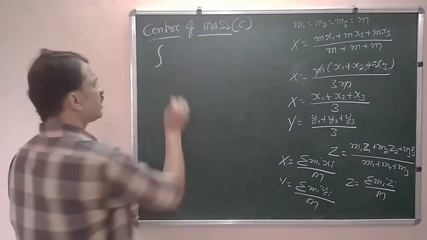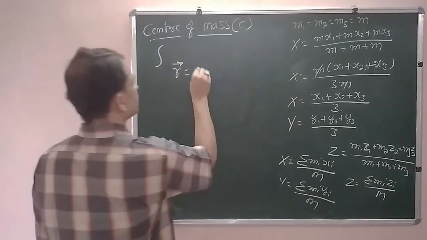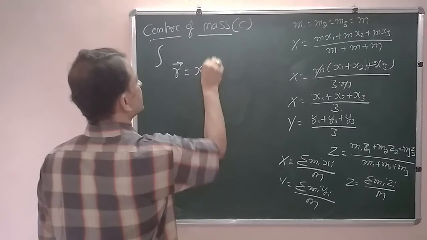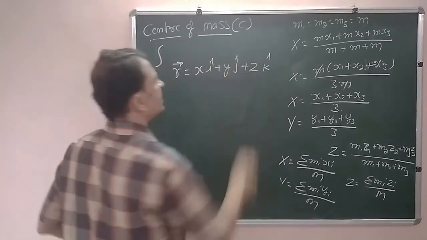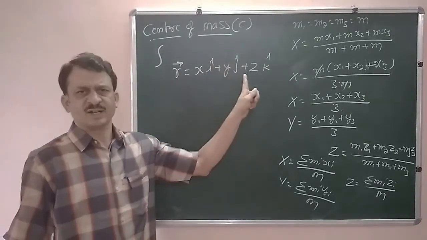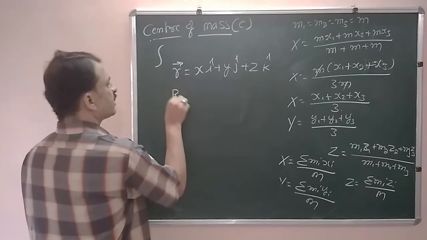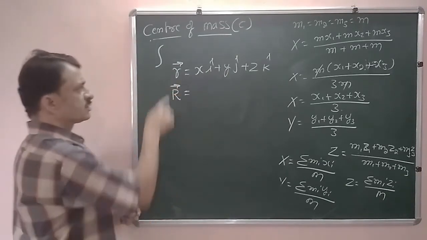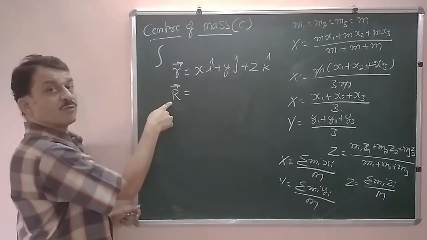Also, in a three-coordinate system, if you have a position vector r, it is given by x i cap, y j cap, and z k cap. Now this is the position vector of a particle, and this is the position vector of the center of mass.